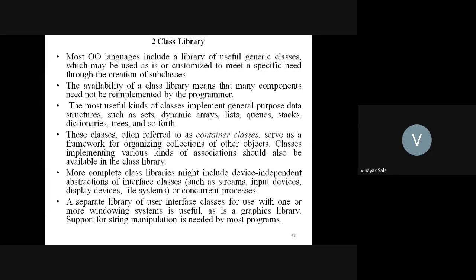A separate library of user interface classes for use with one or more windowing systems is useful, as is a graphic library. Support for string manipulation is needed by most programs.